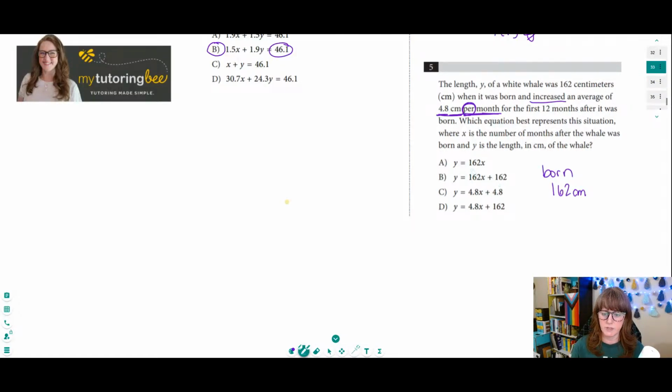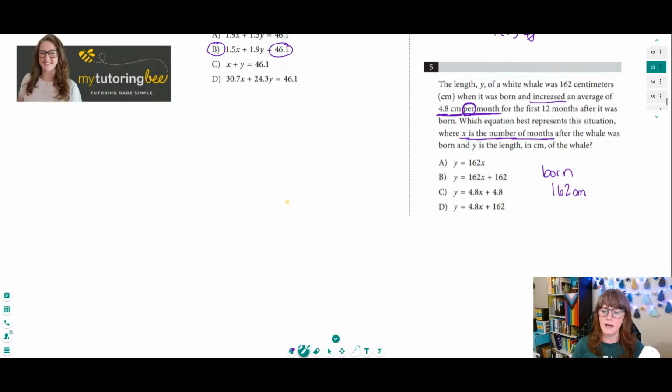And look at our answer choices. All of our answer choices have y equals, and then there's some x in each of these choices. So that's what we're looking for. We're looking for that 4.8 to be multiplied times x because it says right here where x is the number of months after the whale was born.